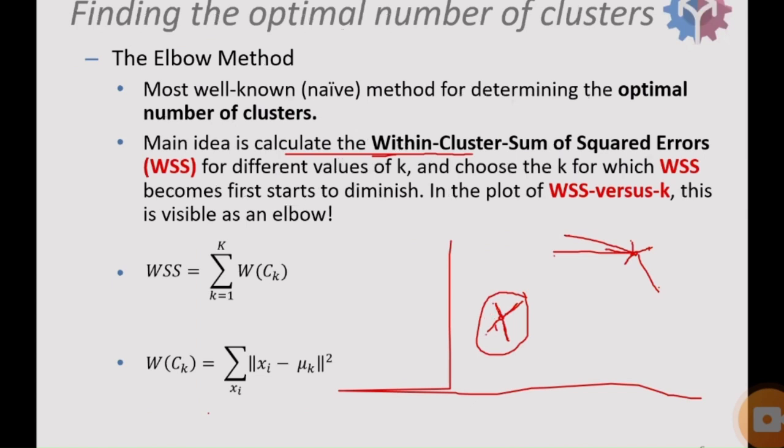For example, this distance is 1. This distance is 1.5. This distance is 2, and this distance is 2 as well. Sorry, my pen is misbehaving. So you square them up: 1 squared plus 1.5 squared plus 2 squared plus 2 squared, right? And this becomes the error for this cluster.